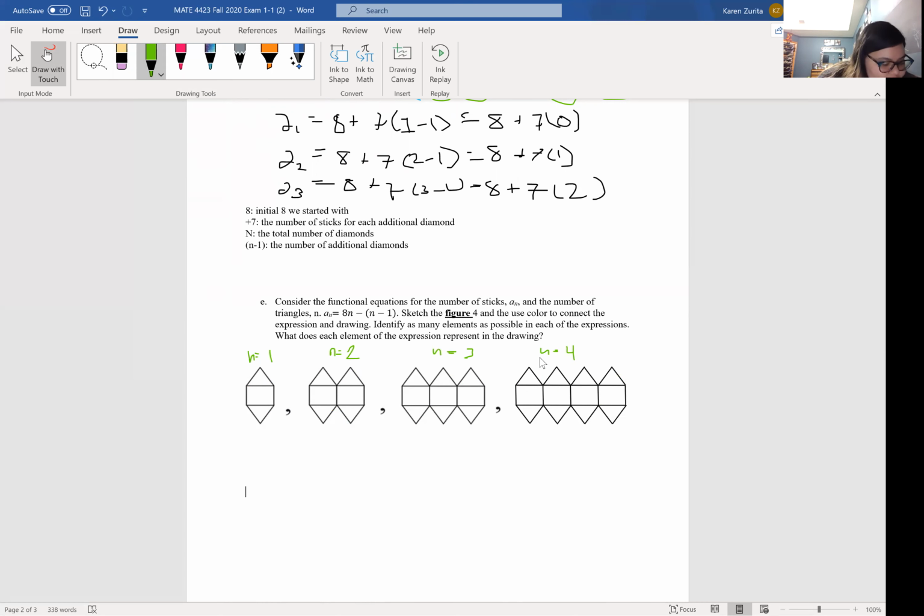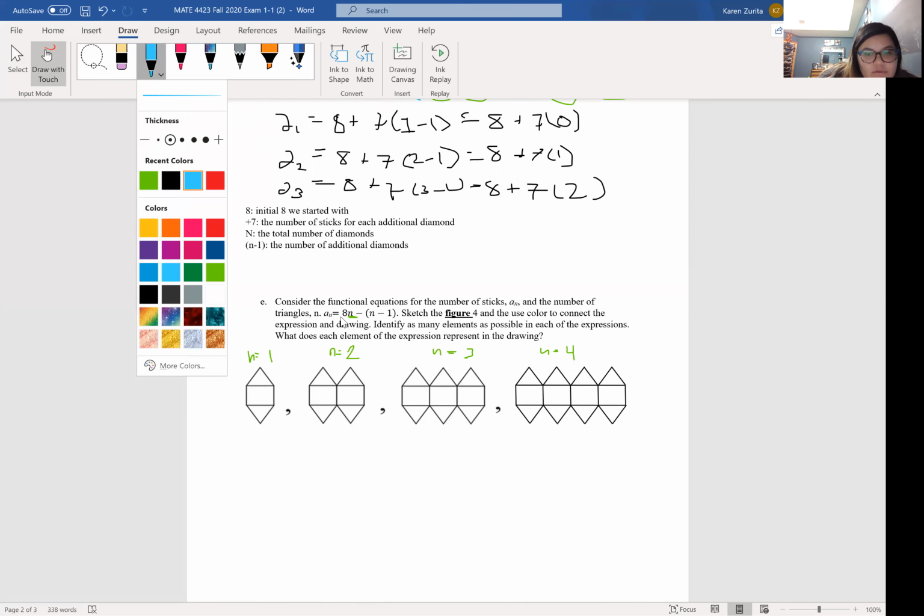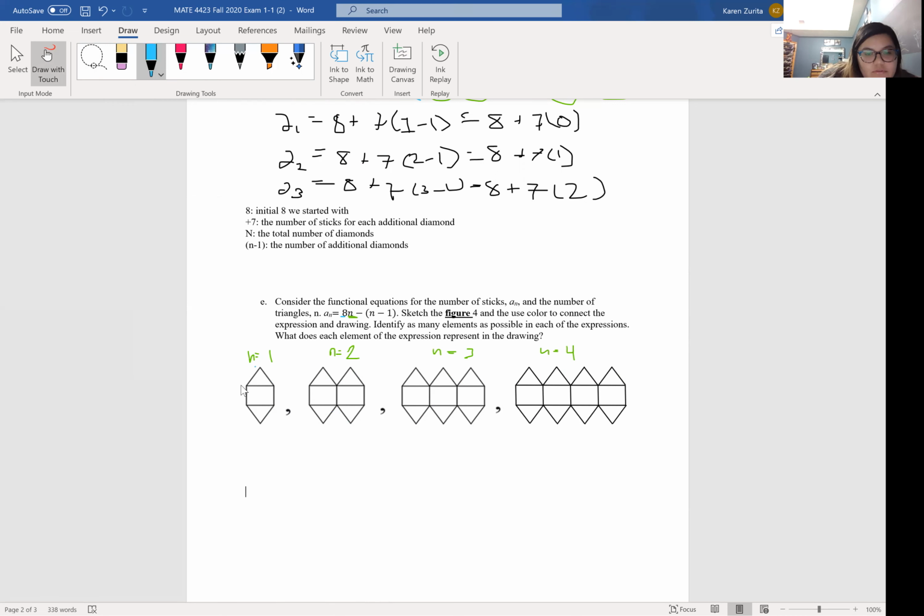And these are going to represent this n. And then the 8 is going to be this 8, the initial 8.